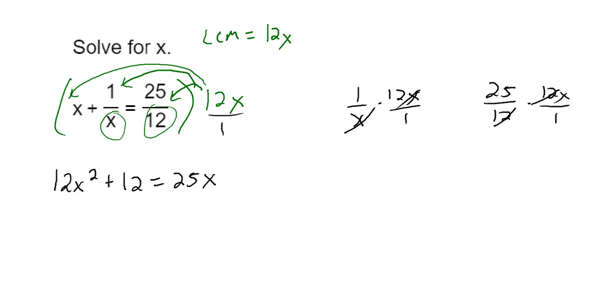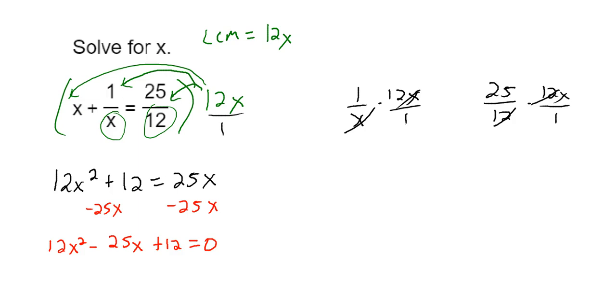All right. Now it's quadratic, because now we have x squared. And so I want to get it equal to 0, so I'll subtract the 25x over here. Get 12x squared minus 25x plus 12 equals 0. Now this one actually can be factored. Don't ask me how I can tell so easily.